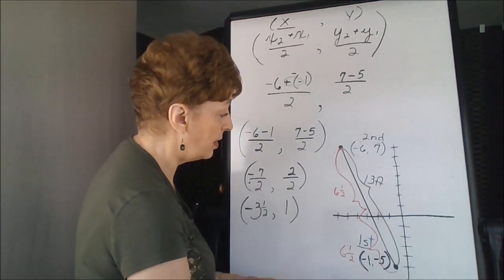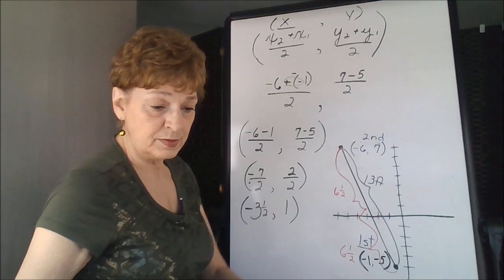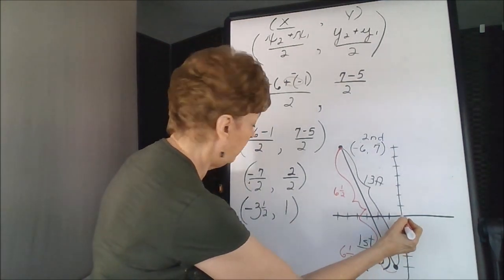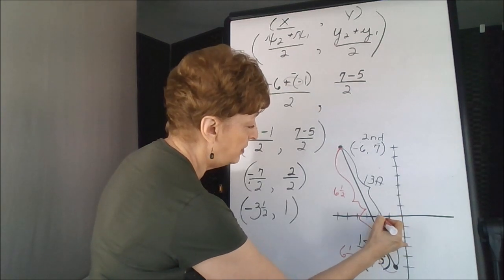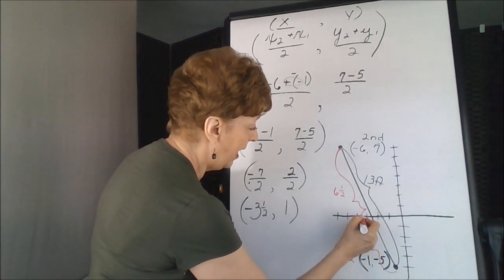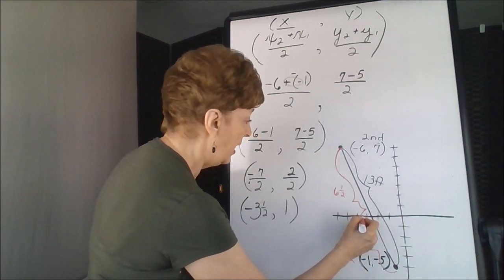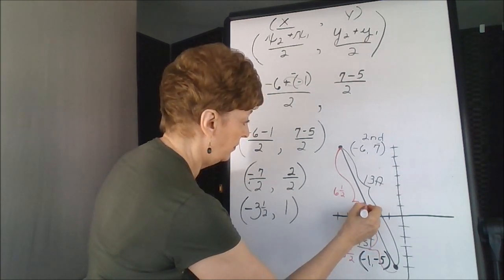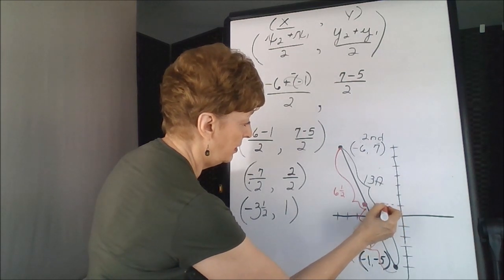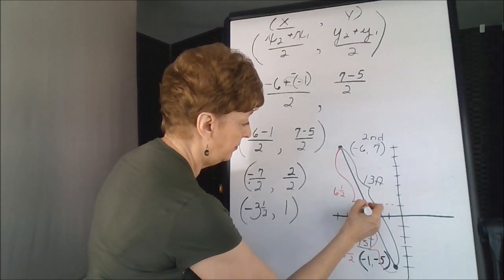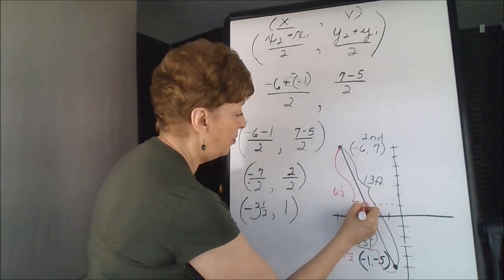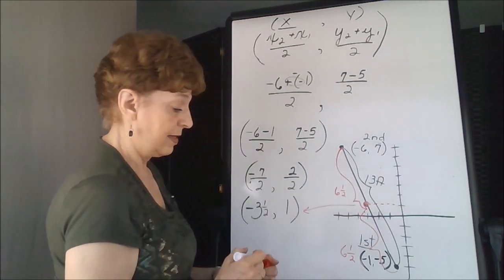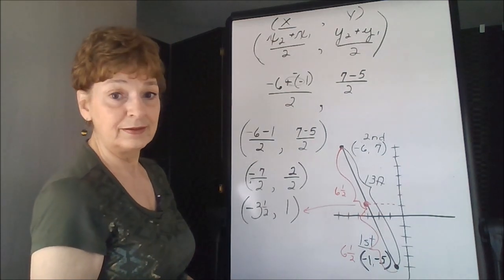So let's come back to our grid, and I'll do it in a different color. We're going to come over here, 3 1/2. So this is 1, 2, 3 1/2, right about there. And then we're going to go up 1, would be here. So here's the 1, and here's the 3 1/2. So the midpoint of this line is -3 1/2, 1.